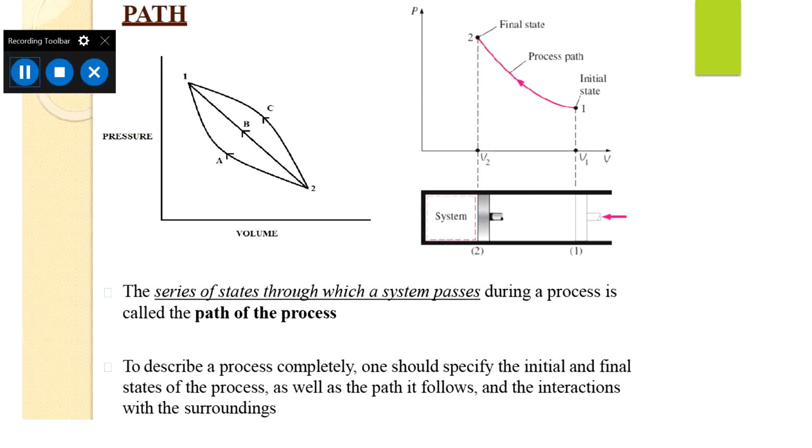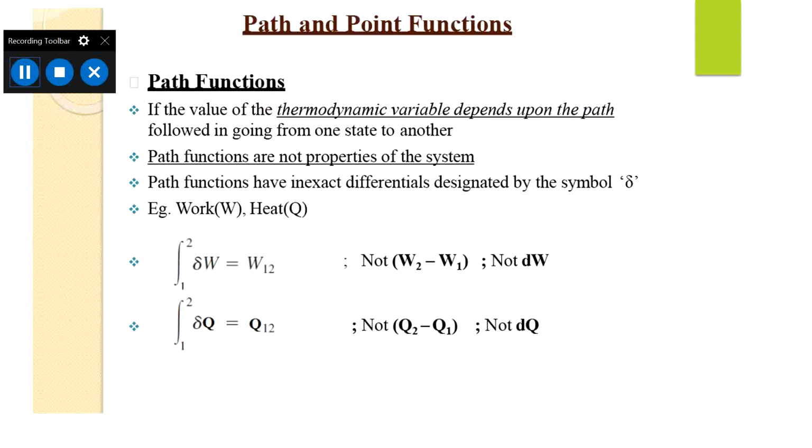If that variable is different in path A than in path B or path C, then the variable depends upon the path of that process, and it is a path function.